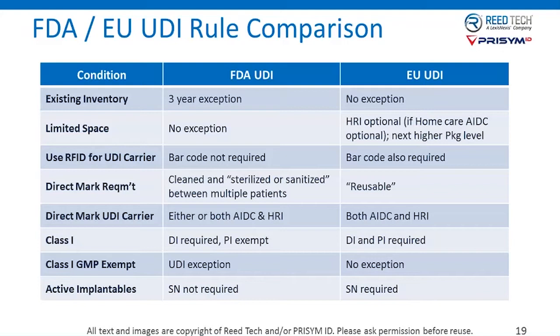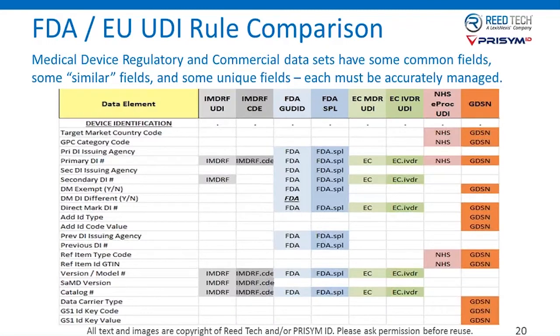That concept was not carried through in the EU. I put this together so that you can see that there are subtle differences, but you will need to work your way down through each of these concepts to be fully compliant.